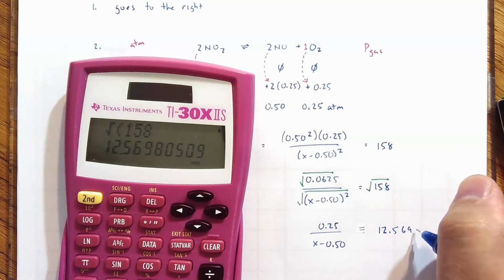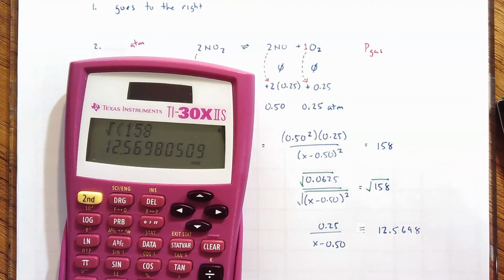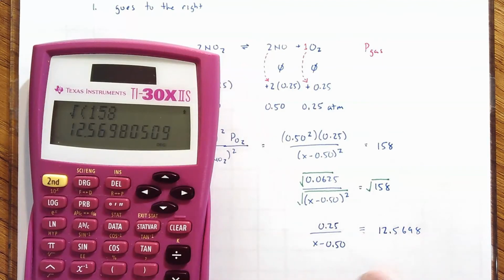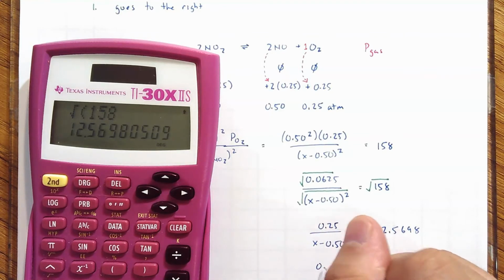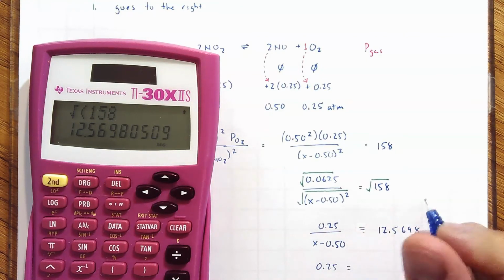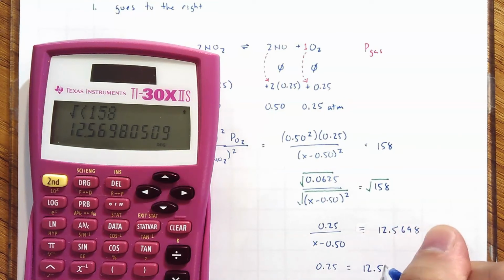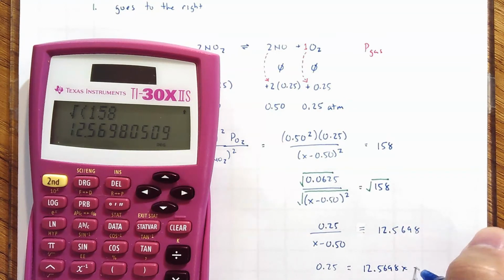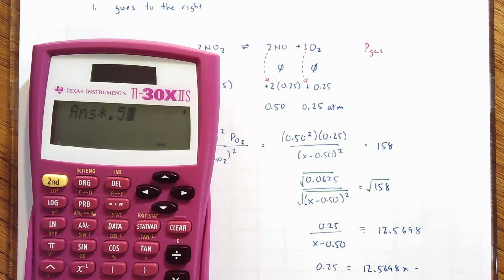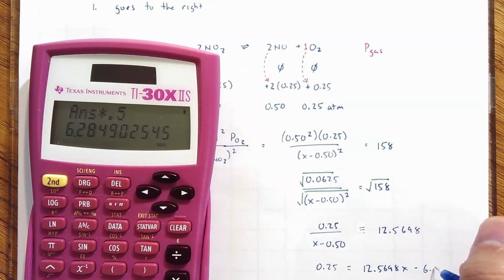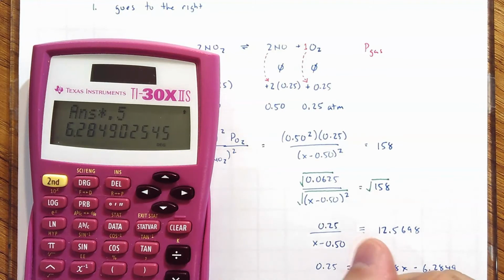I don't want to round to too few digits right away. Okay, cross multiply. 0.25 equals 12.5698x minus 6.2849.